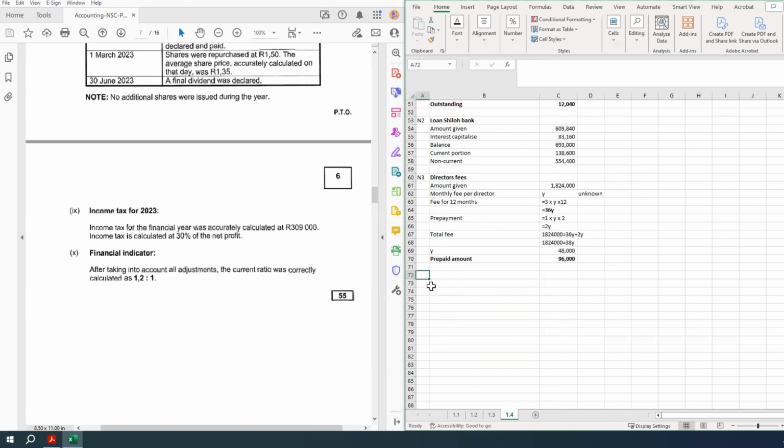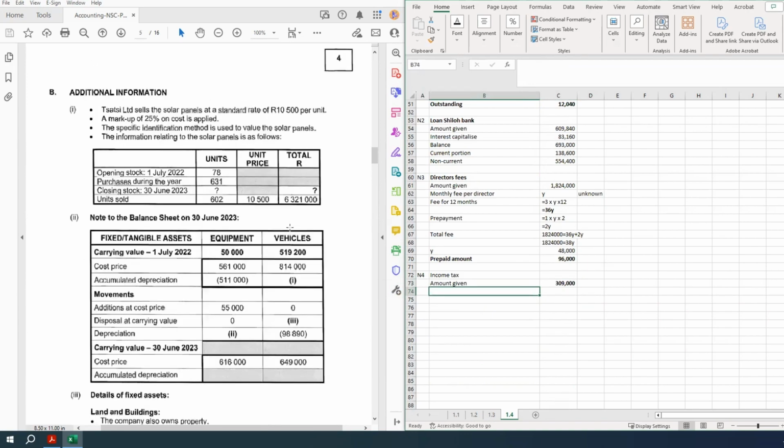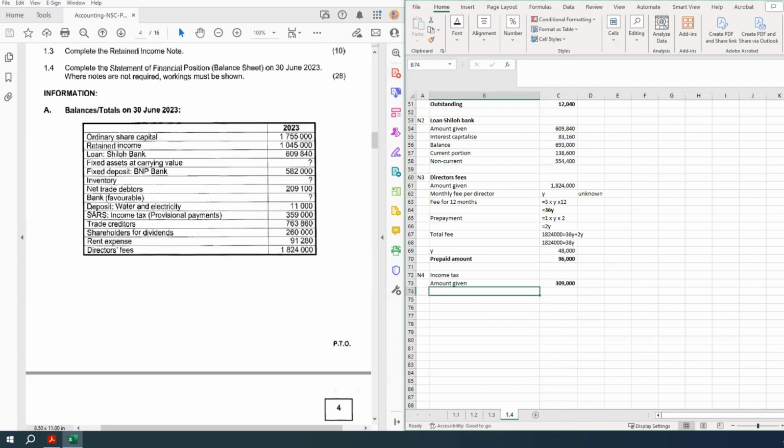Okay, so then I can just do this here. I'll say N4, and this is income tax. All right, so amount given, that's the 309. And just going back to the provisional payments.